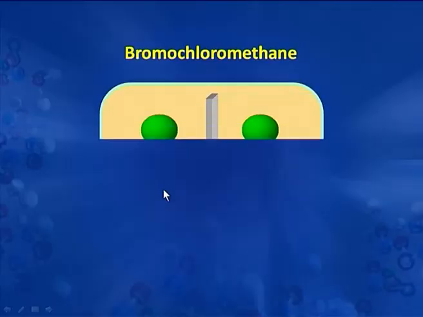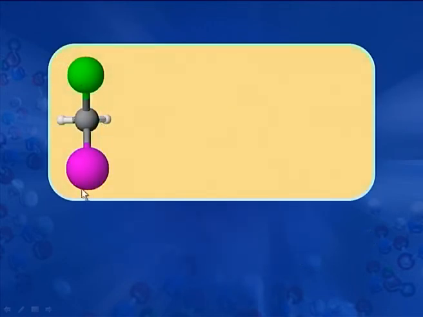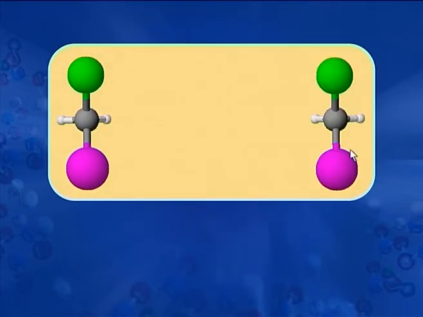Let us take another molecule, bromochloromethane, in which 2 hydrogen atoms of methane have been substituted, one by bromine and another by chlorine, and this is its mirror image. Let us check their superimposability. This is our original molecule, this is its mirror image.